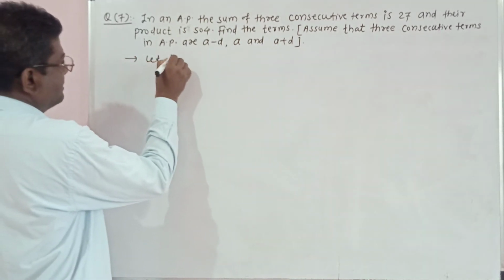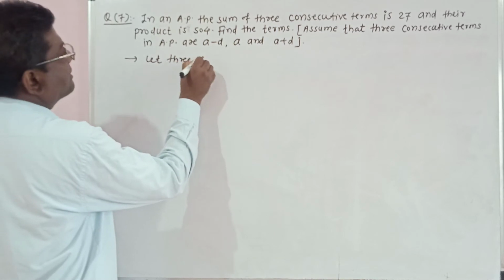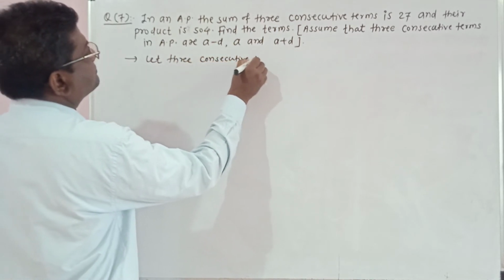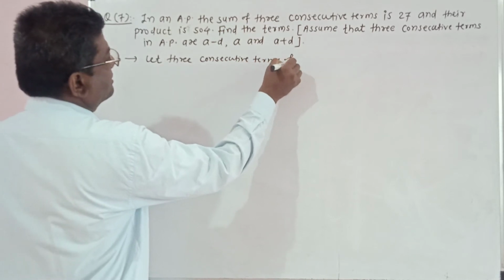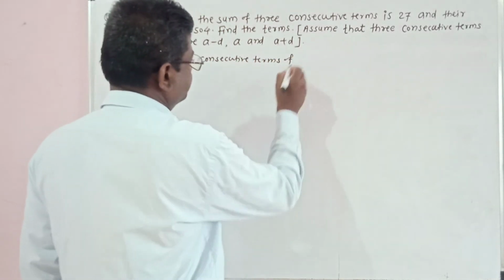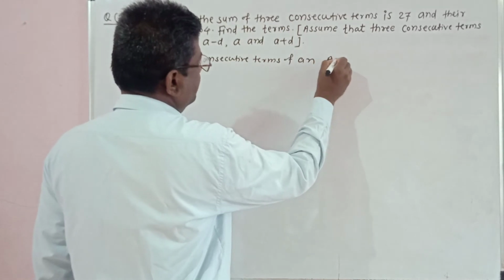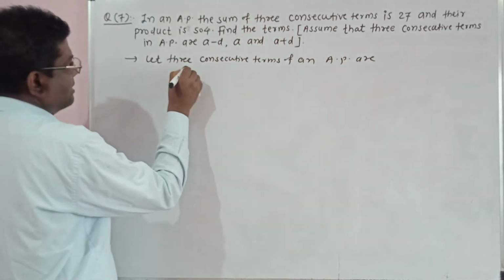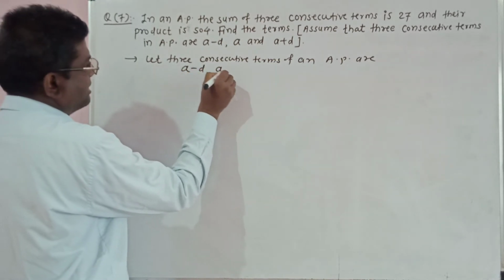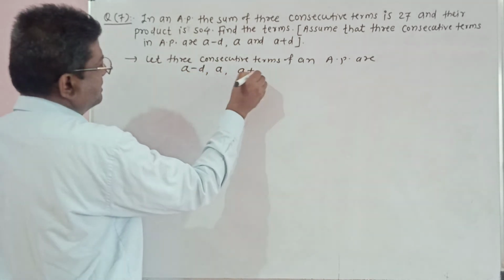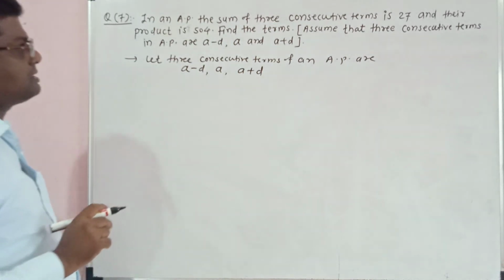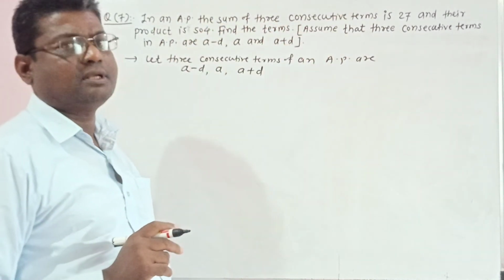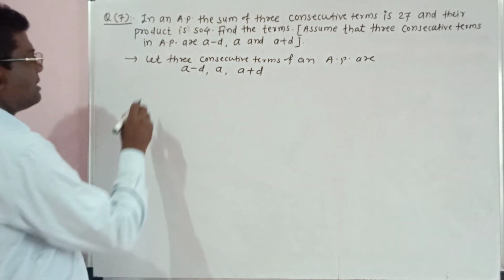Let 3 consecutive terms of an AP be A minus D, A, A plus D. Now the first condition is the sum of 3 consecutive terms is 27.